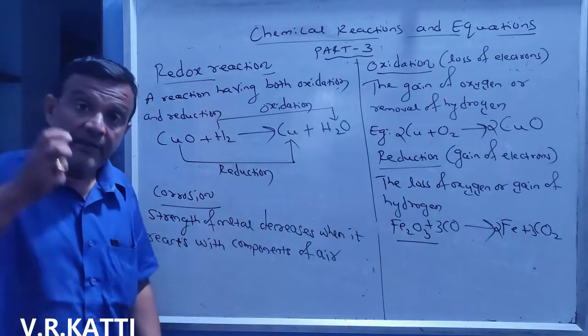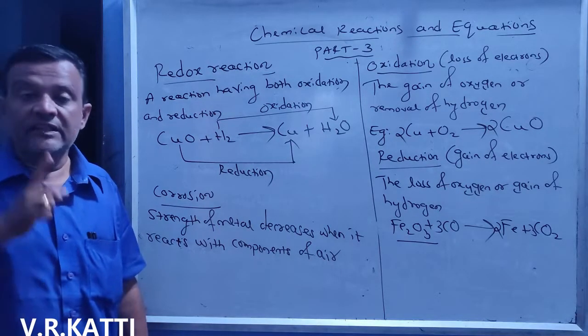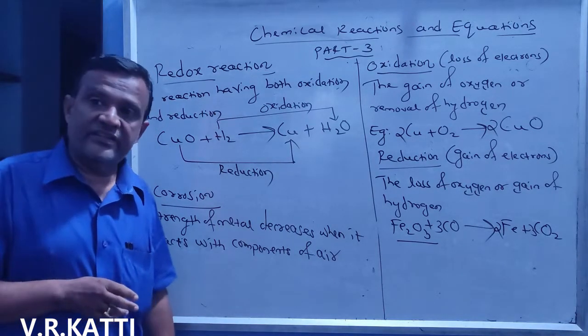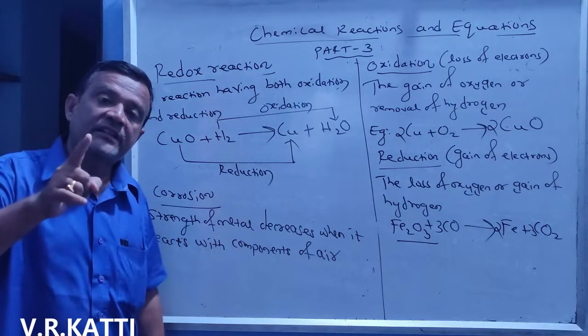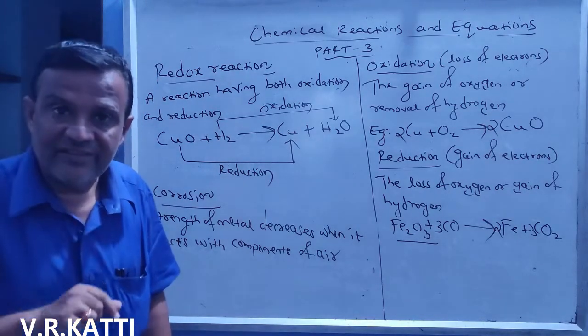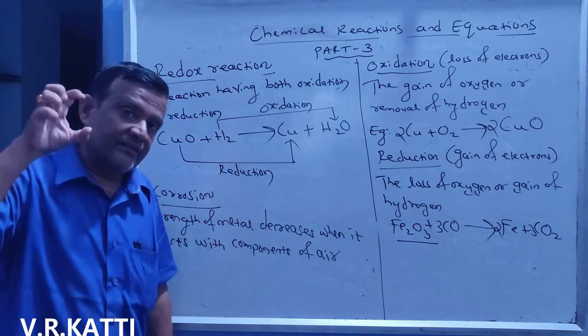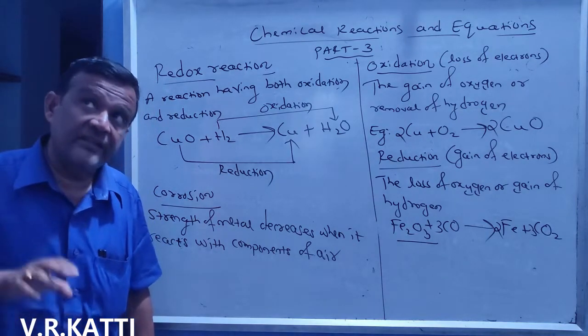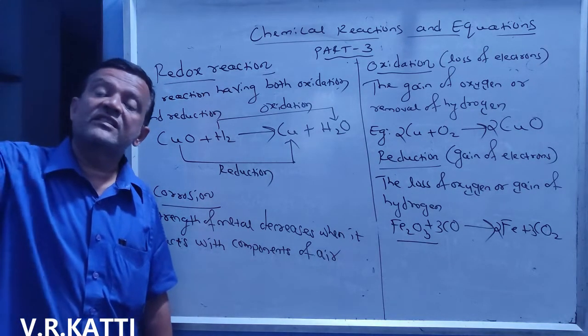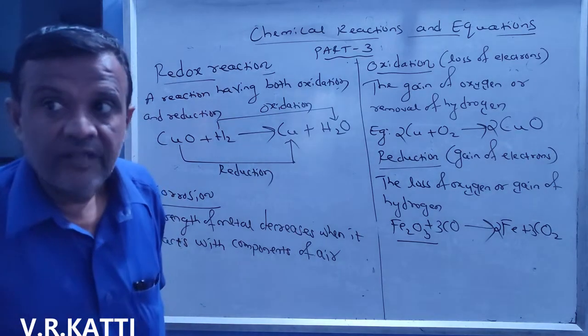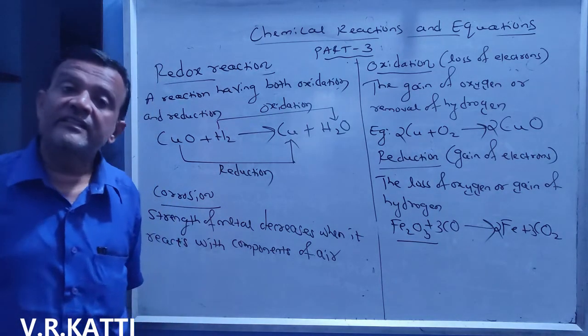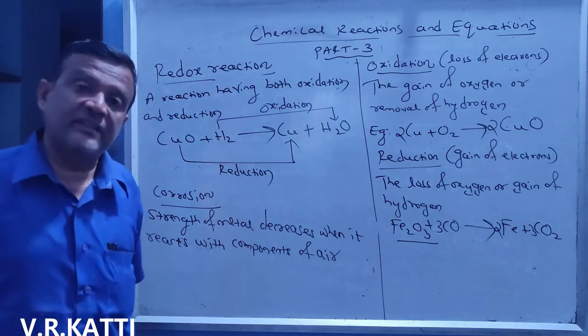You know that iron is called the king of all metals. It is a heavy metal. It is used in the construction of bridges, in machinery parts, in vehicle parts, and in the construction of slabs.